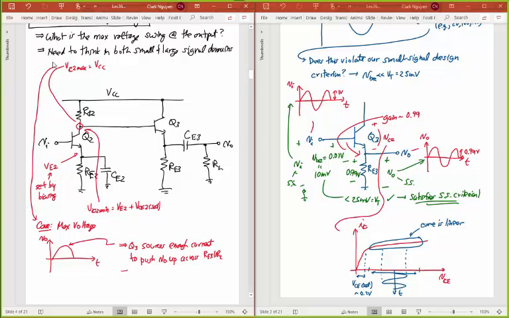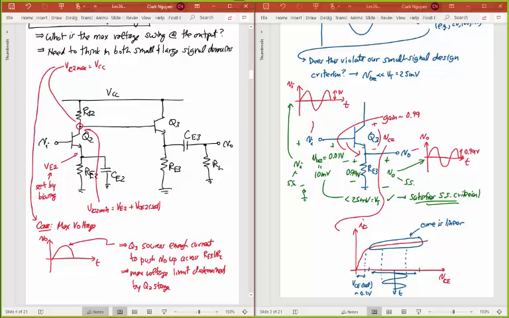So the maximum voltage limit is determined by that Q2 stage. And so now I can write an expression for what that maximum voltage is going to be there.